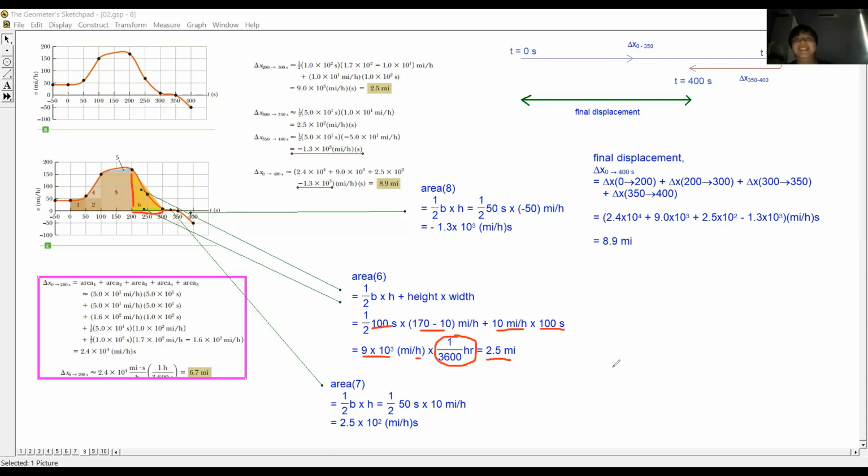Okay. So next one, area number 7. Area number 7 is this part here. It cannot be colored. The red line is just above the t-axis or the x-axis. This part here, from 300 to 350, right?